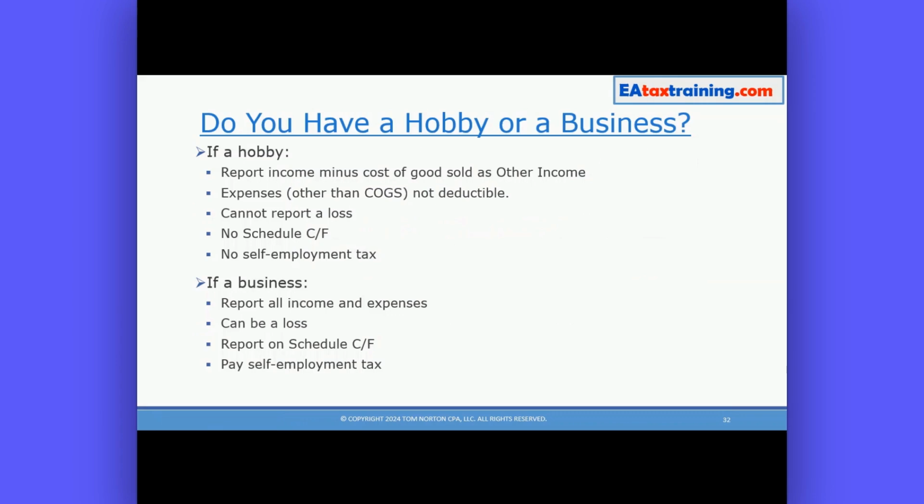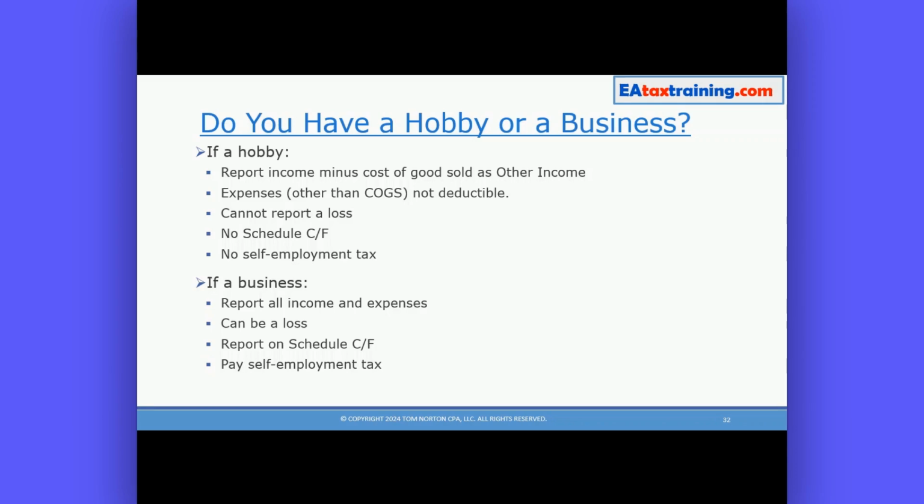If instead you have an actual business, then you're going to report all of the income and expenses. You could have a loss. You're going to report it on Schedule C or Schedule F, and you are going to pay self-employment tax. So this comes up a lot where people will have a business that has a loss, a quote unquote business. They will call it a business that has a loss. And then the IRS will step in and do an audit and say, no, you don't actually have a business.